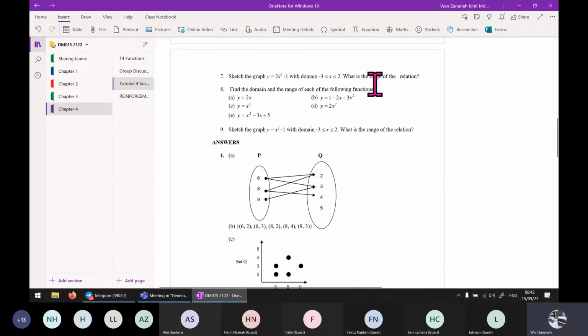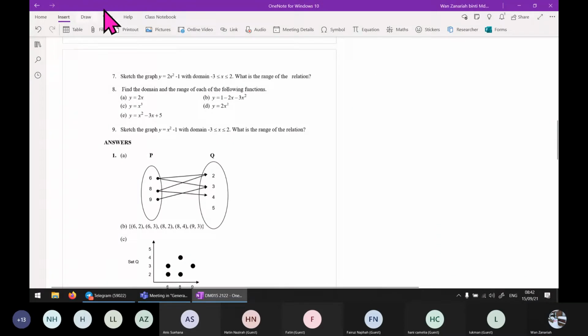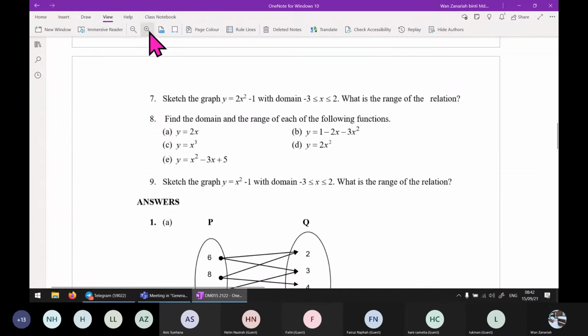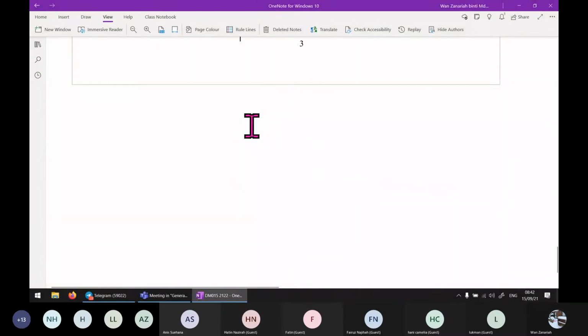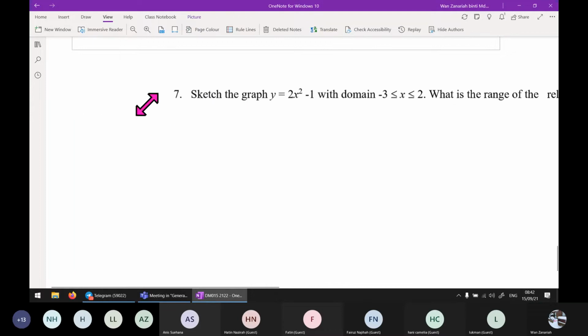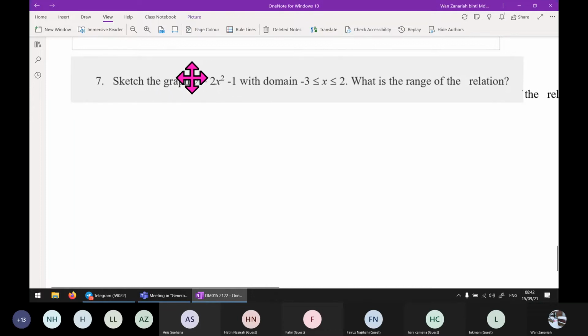Sketch the graph 2x square minus 1 with domain -3, 2.